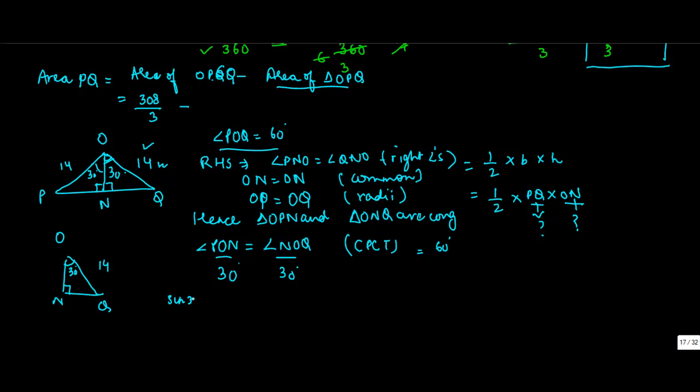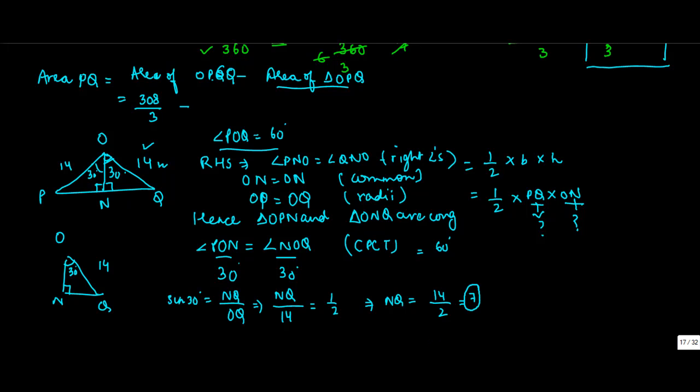So sine 30 degree is equal to NQ upon OQ. What's the value of NQ? We don't know. OQ is 14, sine 30 degree is 1 upon 2, which gives us NQ is equal to 14 divided by 2 is equal to 7.